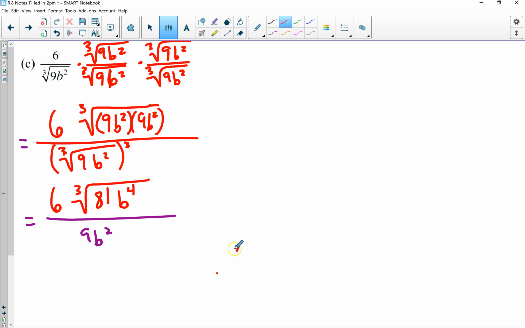Now I'm not truly done because this cube root can go ahead and simplify, and you always want to simplify your roots if you can. So let me look at my factors here and see what I can take out of that cube root. So 81, I already know it was 9 times 9 from my previous step of work, and I can break down my 9s into factors of 3. And then on a cube root, how do you reduce a cube root?